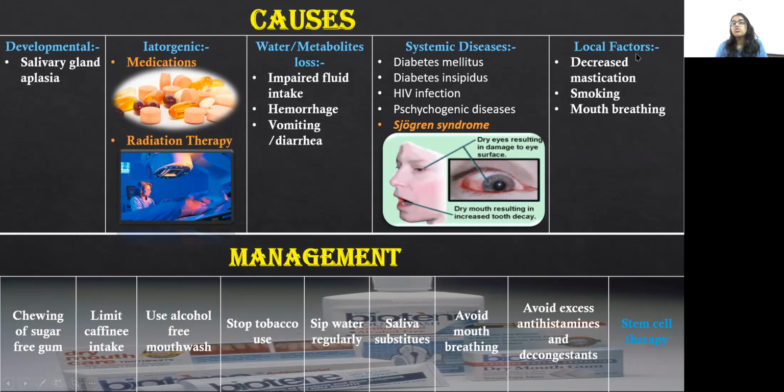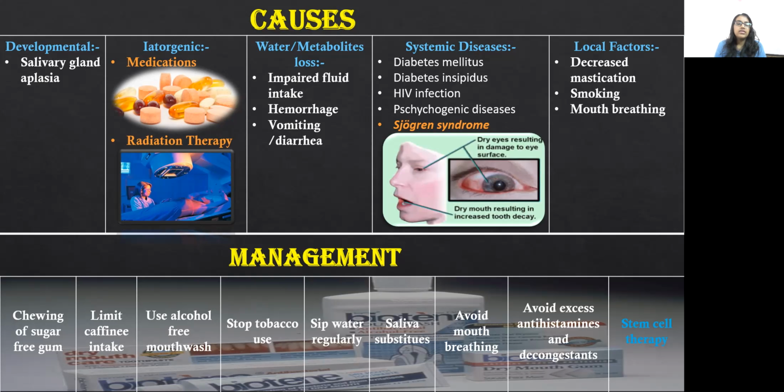There are also local factors such as decreased mastication, smoking, and mouth breathing. These are parafunctional habits that we have, also including tissue abuse habits. So basic management of xerostomia includes chewing gums, especially sugar-free gums.